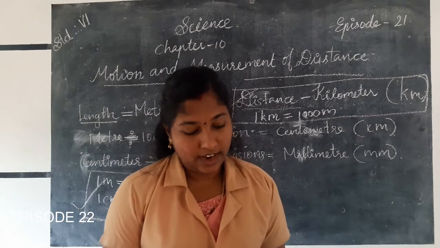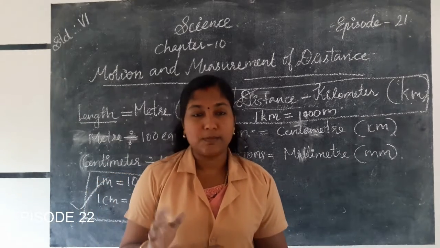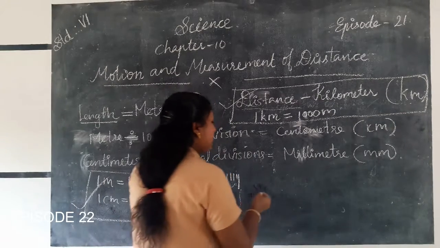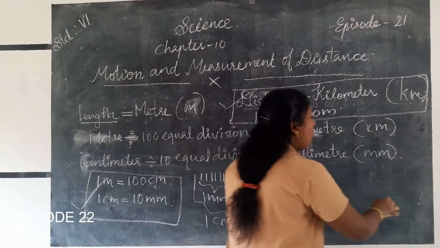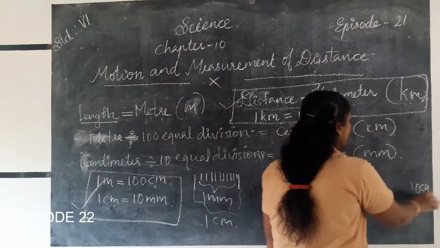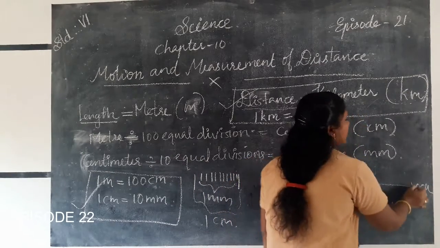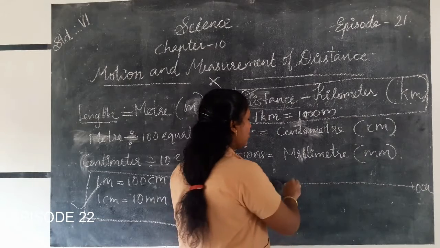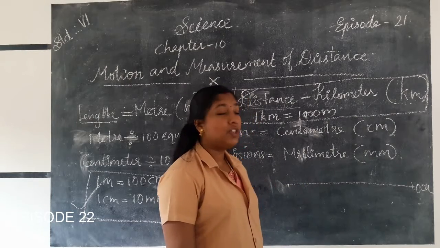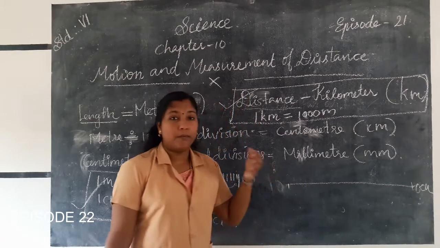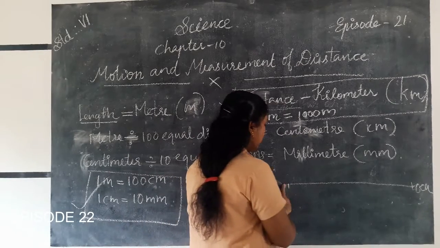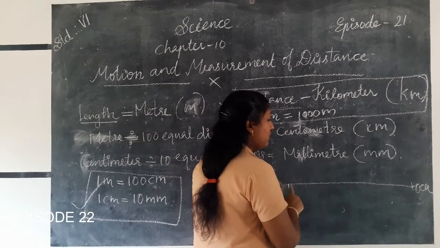Second, in some scales the ends may be broken. We know that the scale contains divisions from 0 up to 100 centimeters. Some scales do not contain the 0 division, so we should not take a scale without the 0 end.